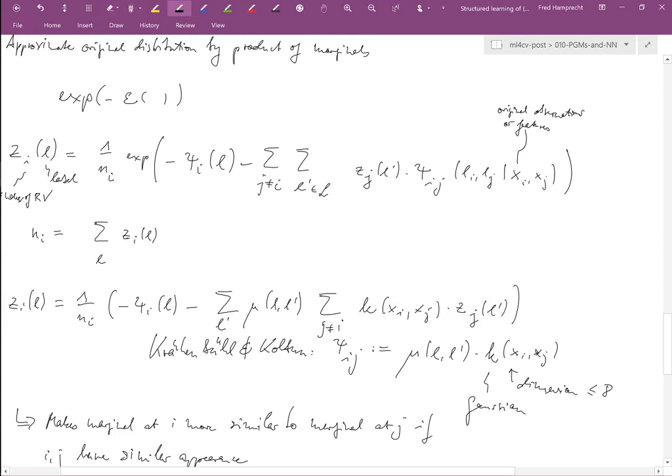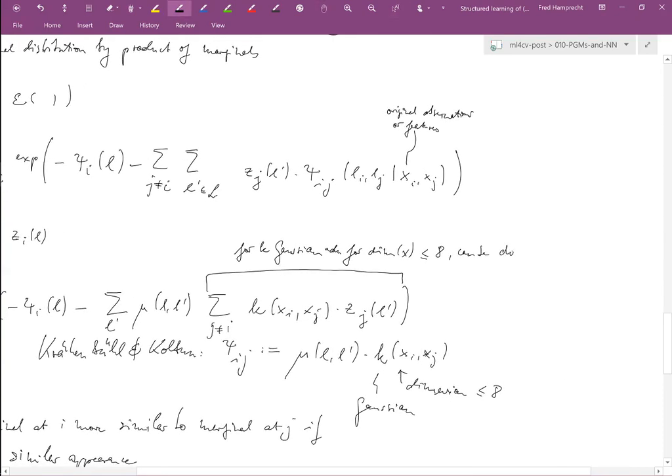Okay, good. And this thing here for k Gaussian, and for the dimensionality of x preferably less than 8, can be done efficiently.